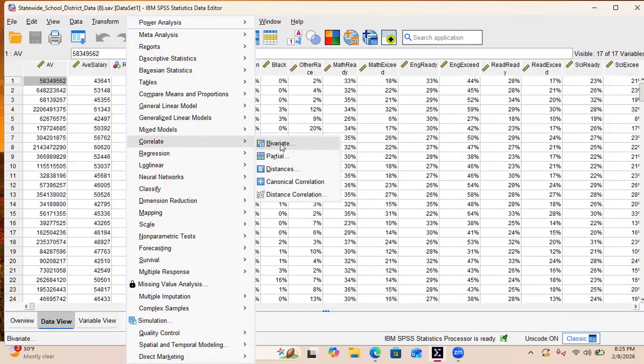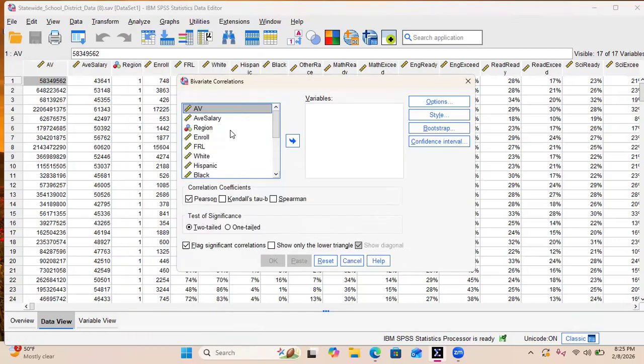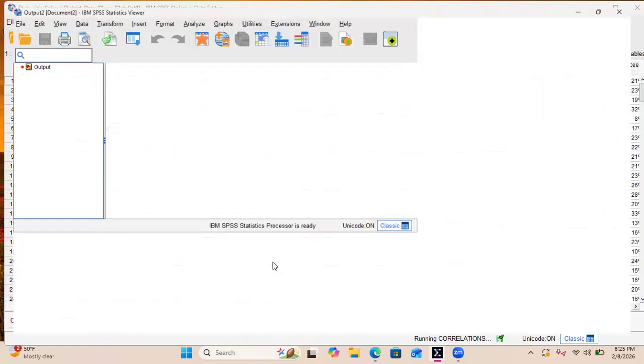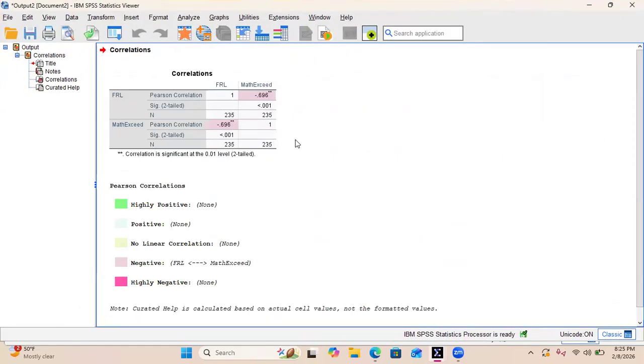Then we have Bivariate. And again, we're going to pull over Free and Reduced Lunch, Math Exceeding, and we have our Pearson checked, we have our two-tailed checked, and then we have flag significant correlations as well. So we're going to hit OK. And here we have our data.